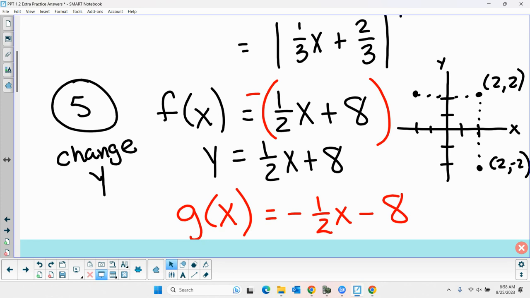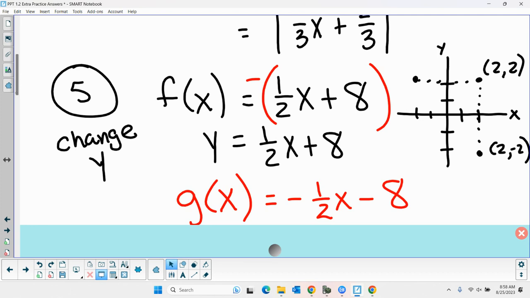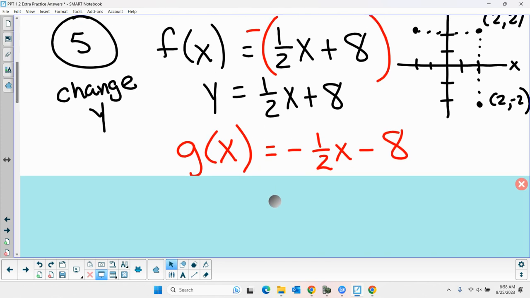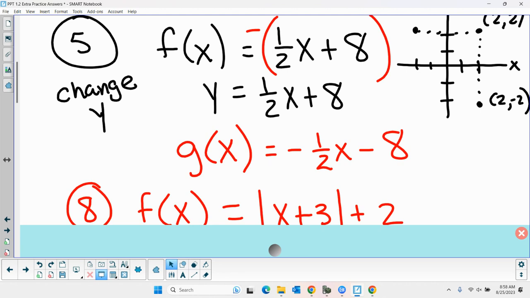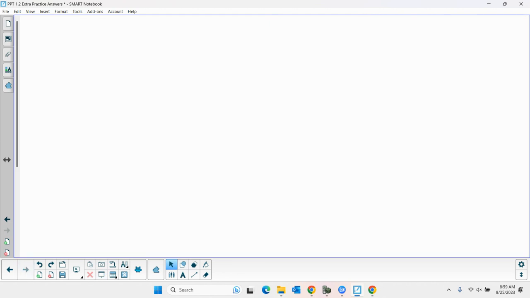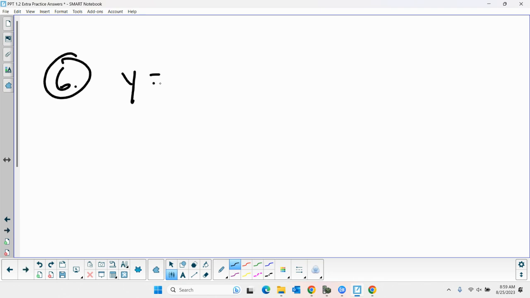Okay, number 6, we're reflecting about the y. So that's not in there. Let me do that one now. Let's go to this page. All right, so number 6, I'm just going to write it as y equals. We got 4 plus the absolute value of x plus 1, and we're reflecting about the y.